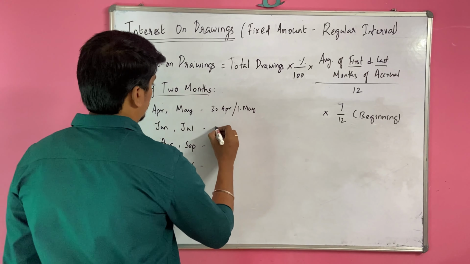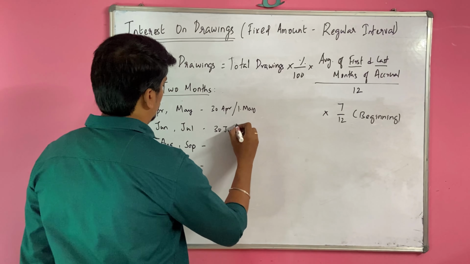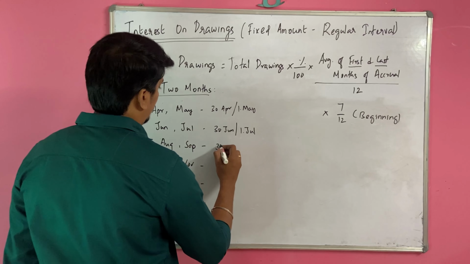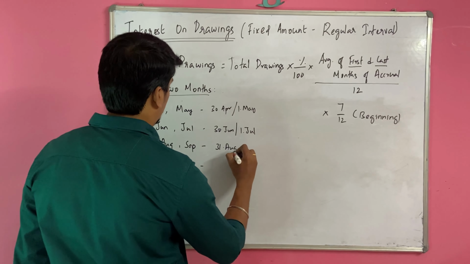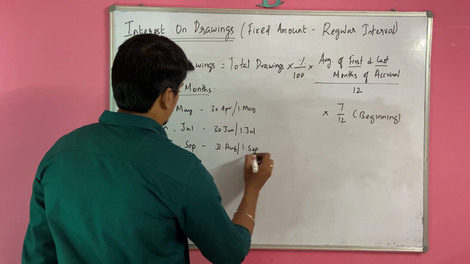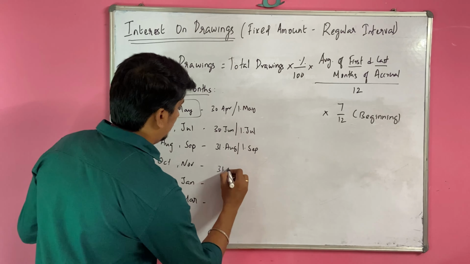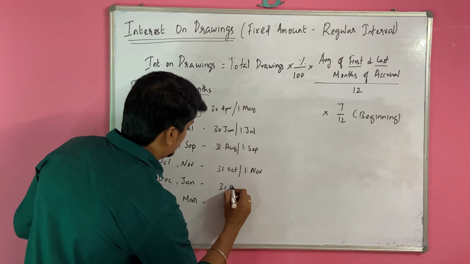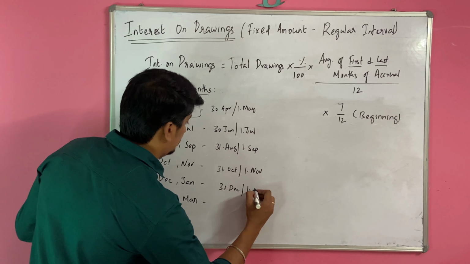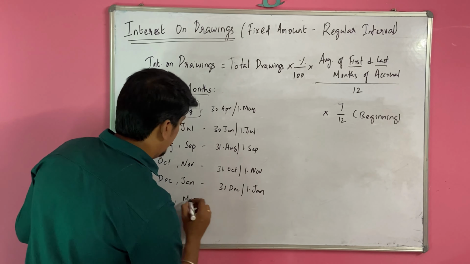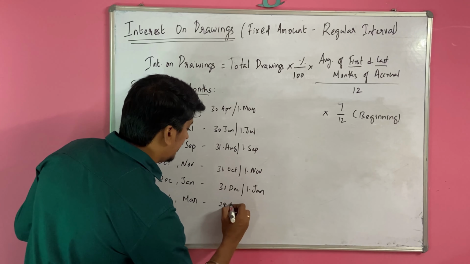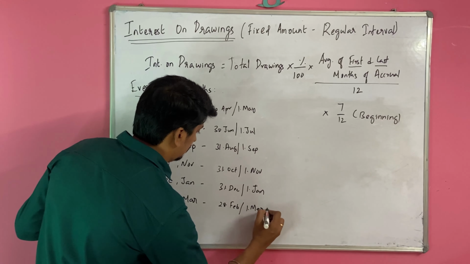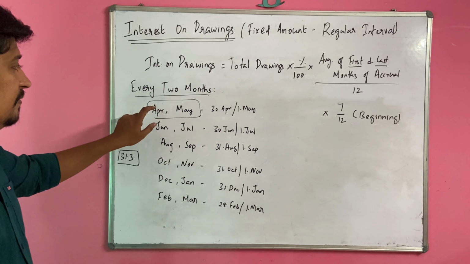And similarly 30th June or 1st July, 31st August or 1st September, 31st October or 1st November, 31st December or 1st January, 28th or 29th February or 1st March. So this is the middle of all the 2 months.